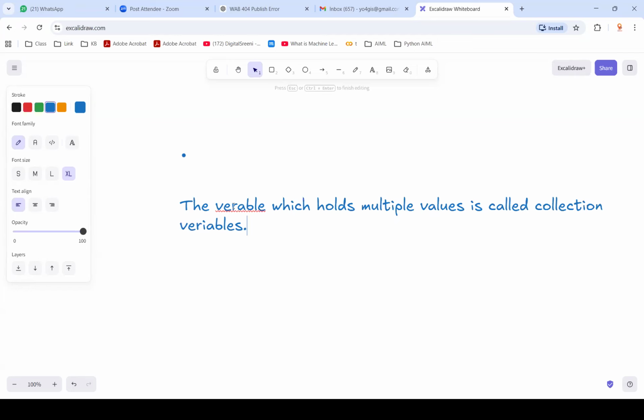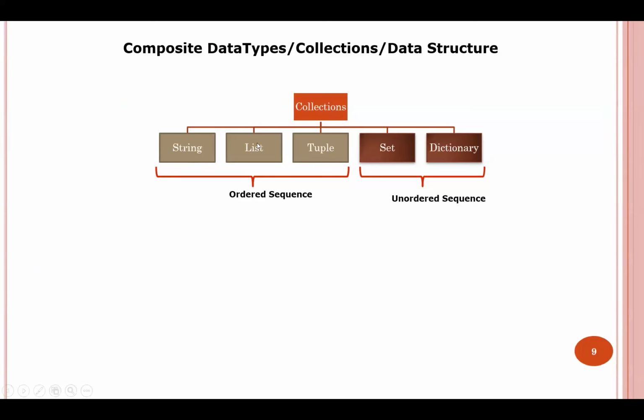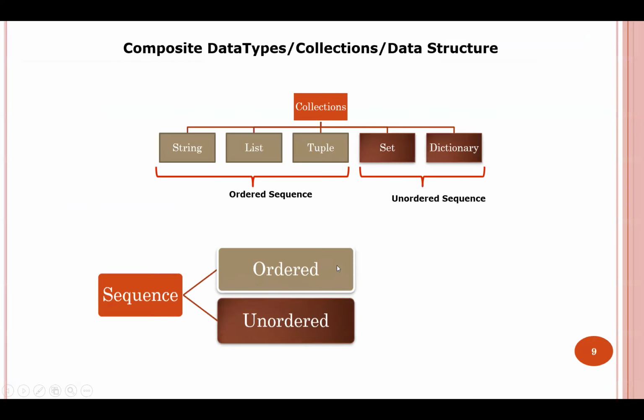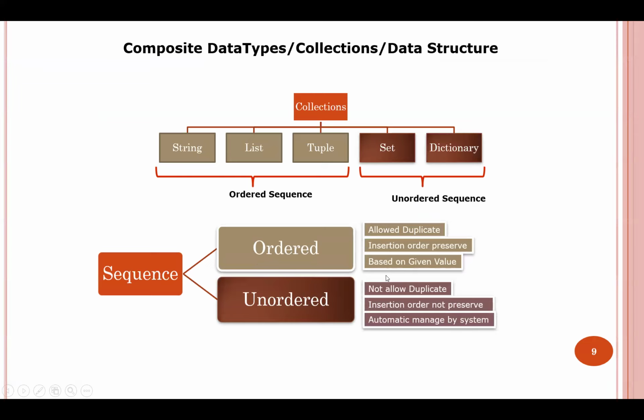Okay. The variable which holds multiple values is called the collection type of variable. So all these variables you see here, string, list, tuple, set and dictionary, are collection type variables. Now after that we need to understand the meaning of an ordered sequence and the meaning of an unordered sequence. Please listen carefully.